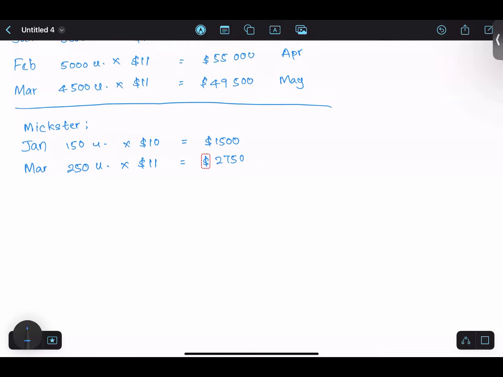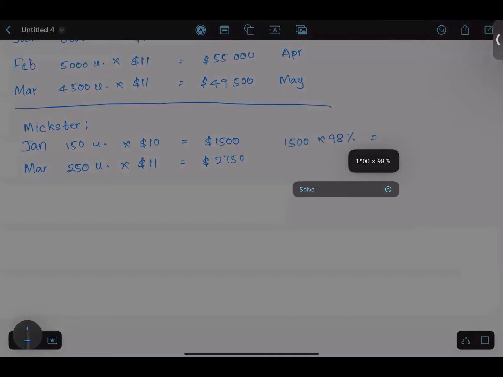In the question they have mentioned Mixter is paying the cash soon after the sales, in the same month. But when he pays the cash, as the company, we are giving a discount of 2%. So our cash receipt from Mixter will be 1,500 times 98% for the month of January.